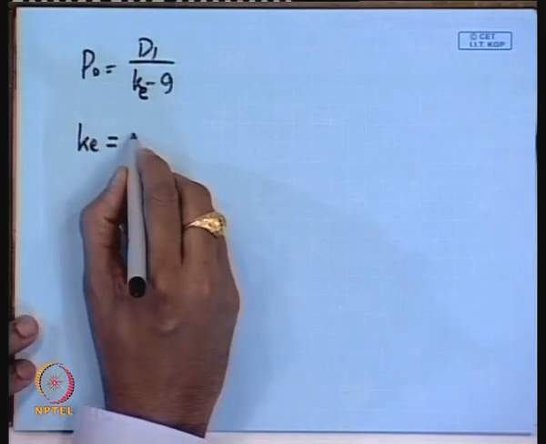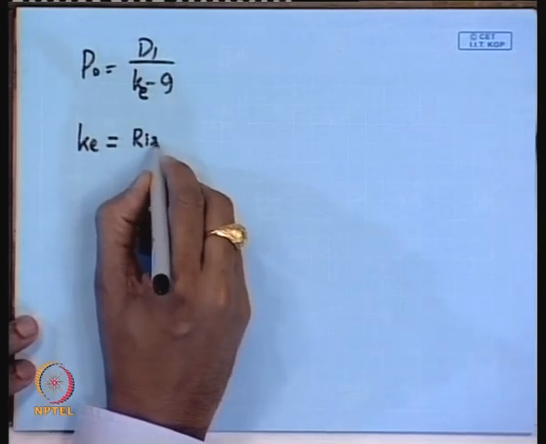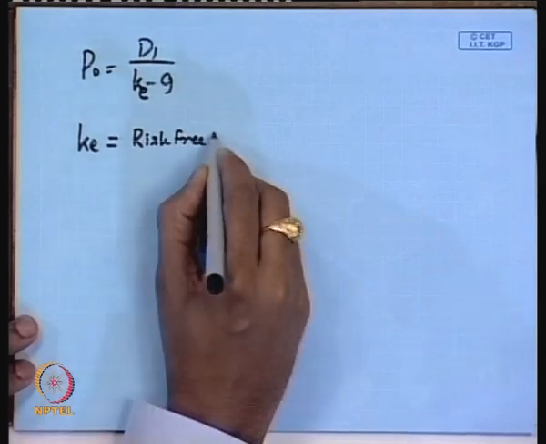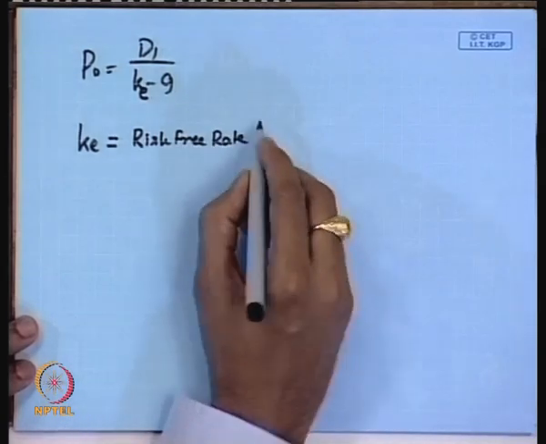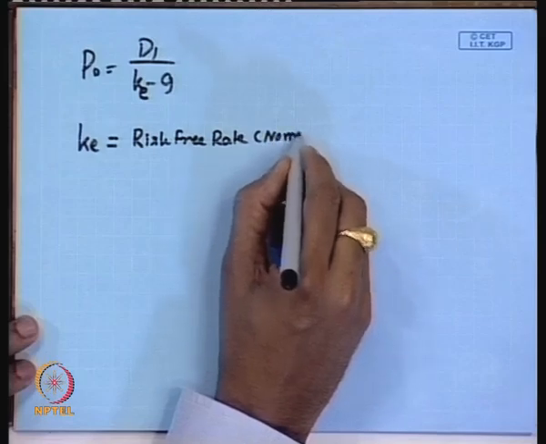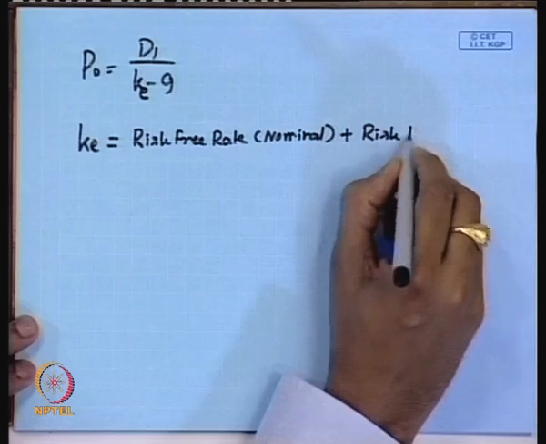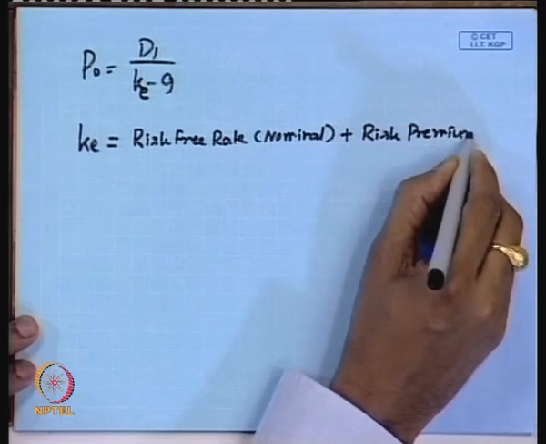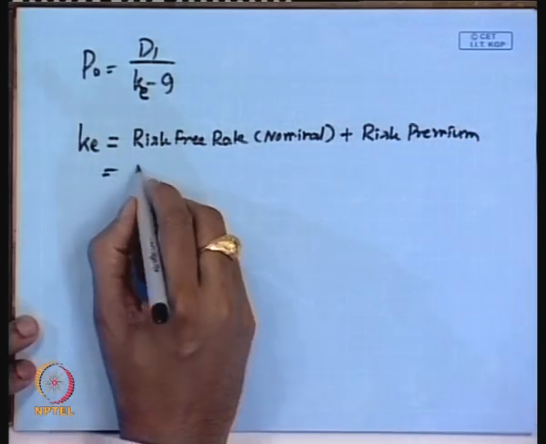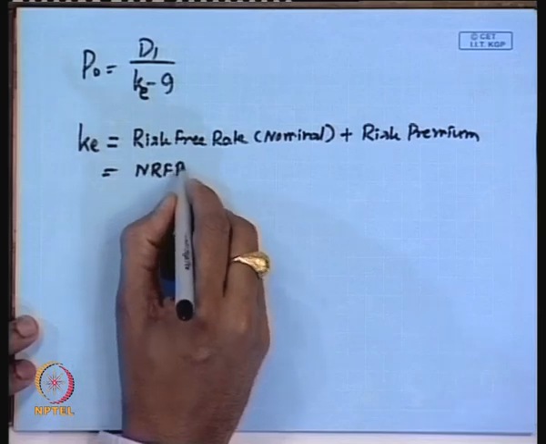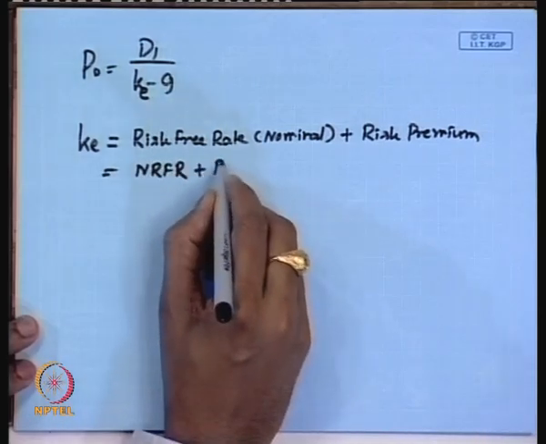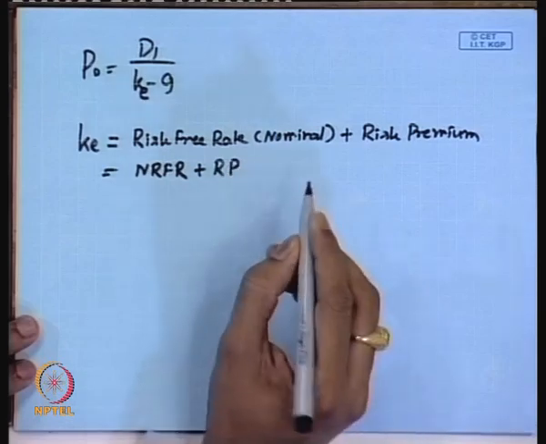The best thing that we can have is the risk-free rate of return, the risk-free rate in nominal terms, plus the risk premium. So let us have a short form for this: NRFR, the nominal risk-free rate of return, plus the risk premium.